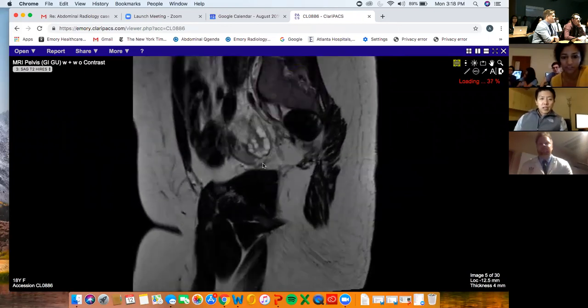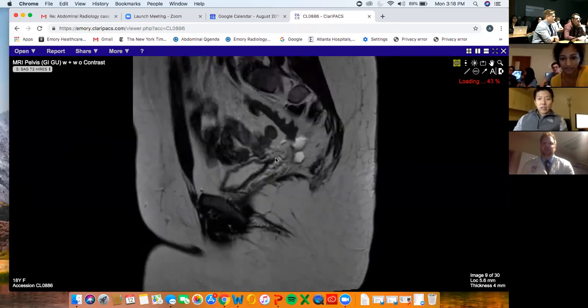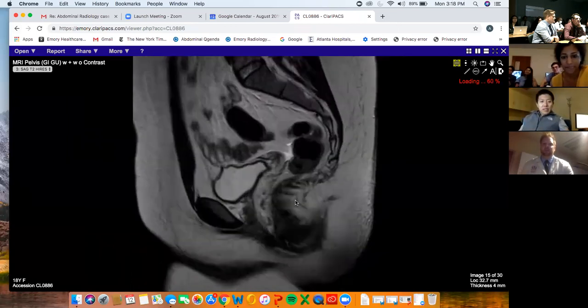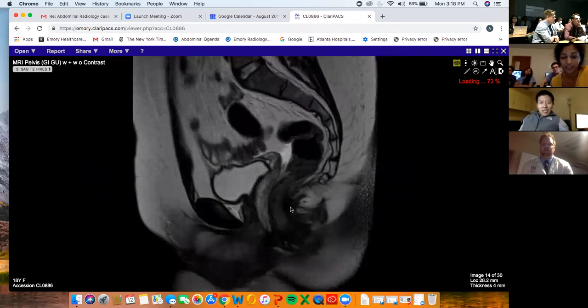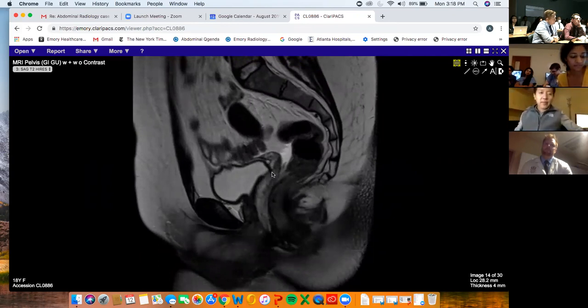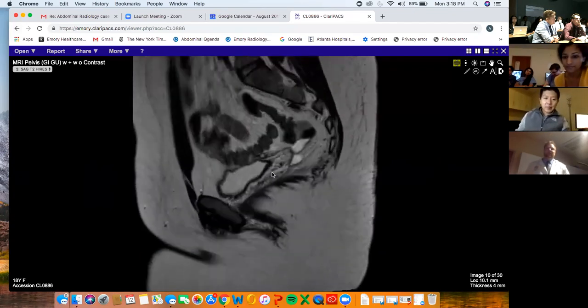So here's one ovary. Is there any renal agenesis? No, but that's a great question. This anomaly can be associated with renal agenesis. I'm assuming there's a specific diagnosis.